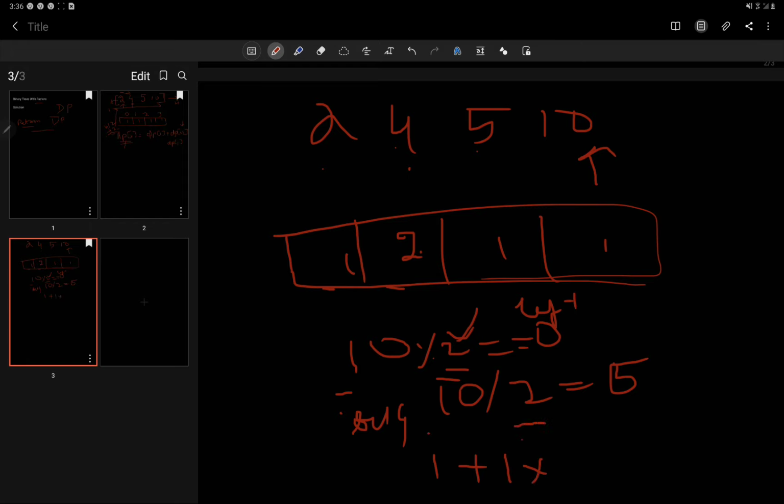The right value is 5, and it's present at index 2, so it's 1 only. So 1 plus 1 into 1 gives me 2. Now it's stored.